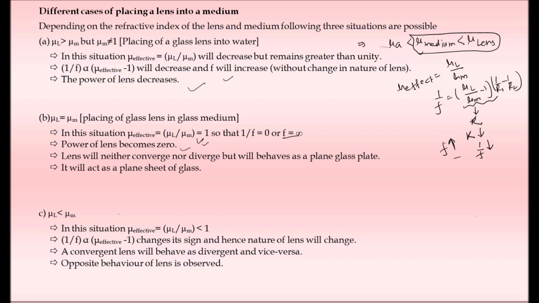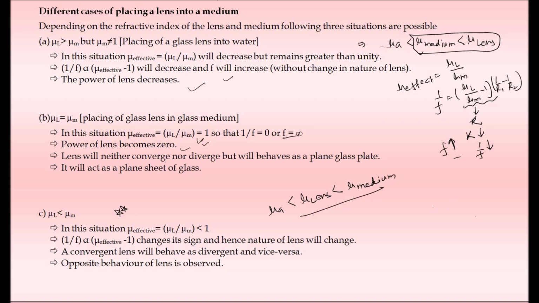Now this is the third case, which is a very important case, when the refractive index of medium increases more than the refractive index of lens. So the condition will be like that: mu a is less than mu lens and it is less than mu medium.